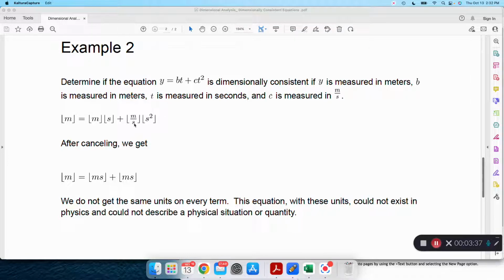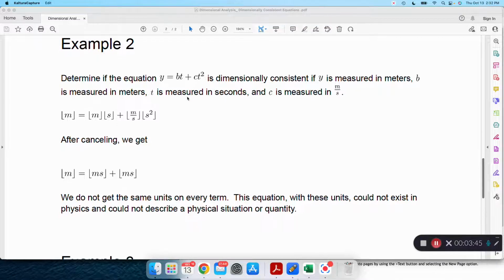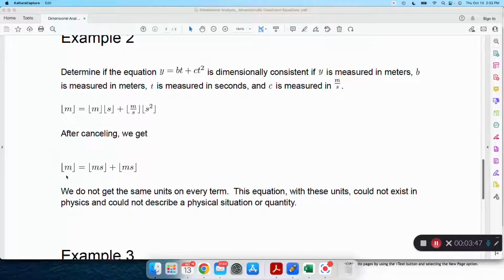C was meters per second. T was seconds, so seconds squared here for that t squared. So this term just has units of meters. This term would have units of meters times seconds. Here, one of the seconds cancels out, leaving meters times seconds.